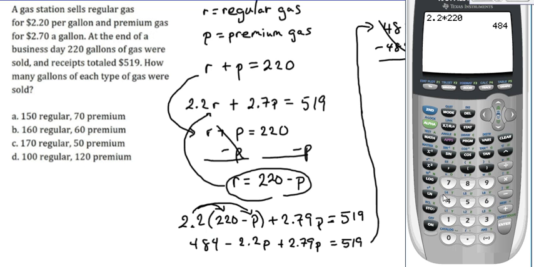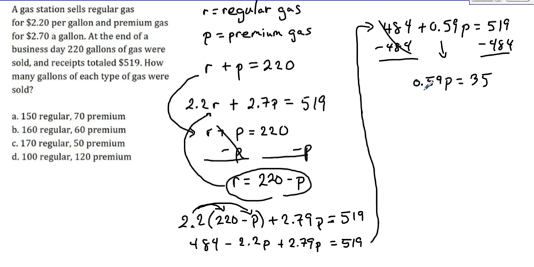Let's just check that to make sure. 519 minus 484. Okay, and does indeed net us 35. The next thing we'll do is divide both sides by 0.5.